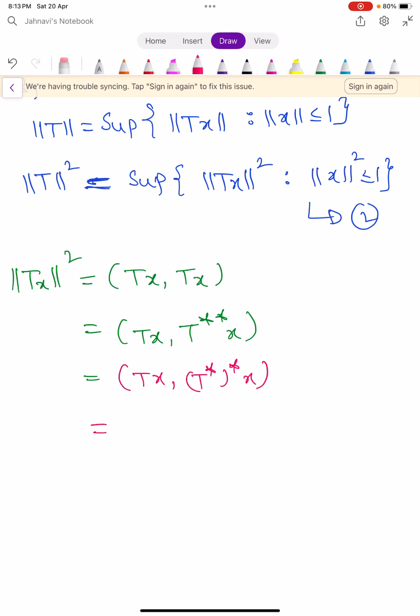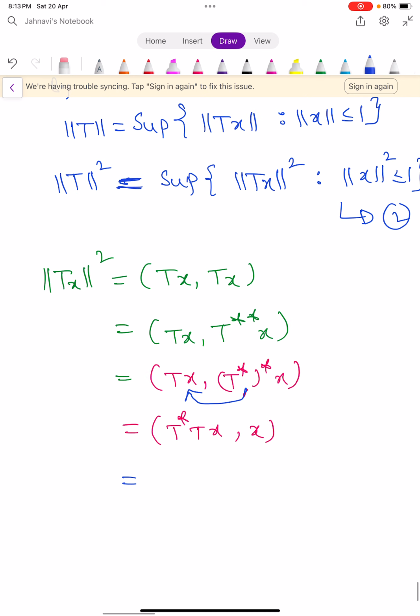Again it can be written as the inner product of T star Tx comma x, because this adjoint can be shifted to here, then T double star becomes T star. So norm Tx whole square is equivalent to mod inner product of T star Tx comma x.